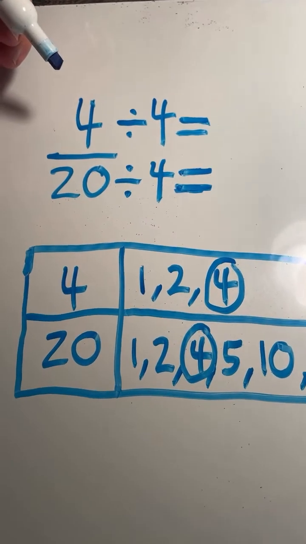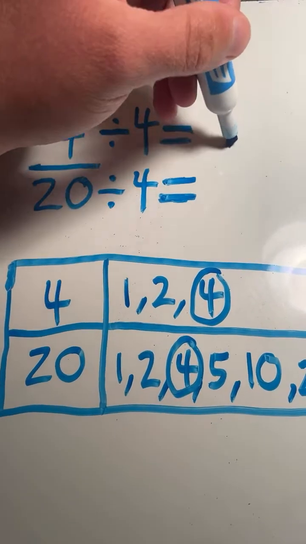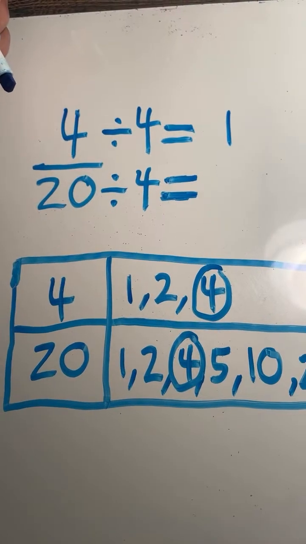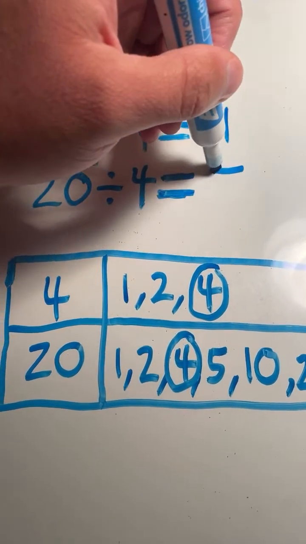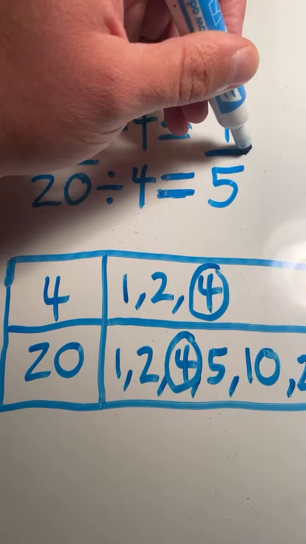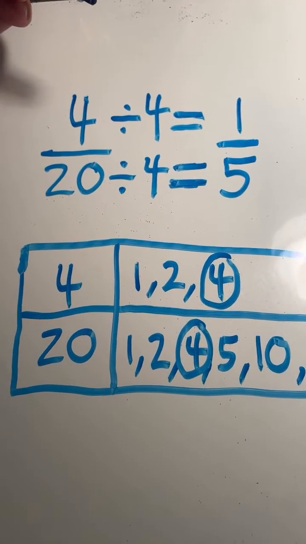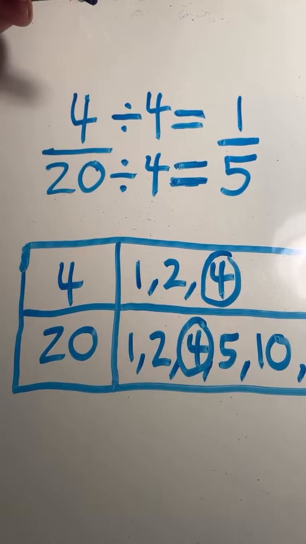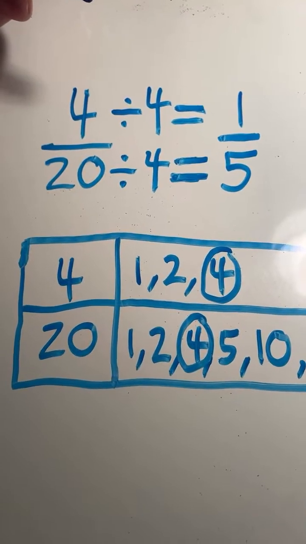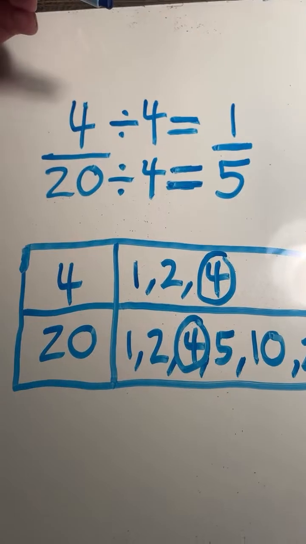So 4 divided by 4 equals 1. 20 divided by 4 equals 5. And we have our final answer. 4/20 reduced to lowest terms equals 1/5.